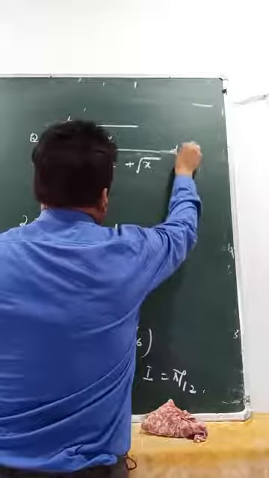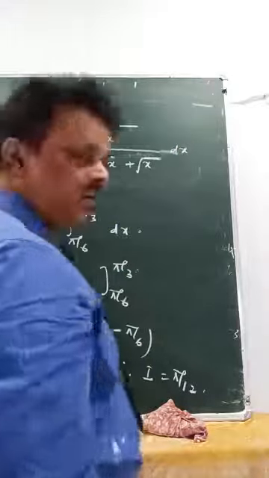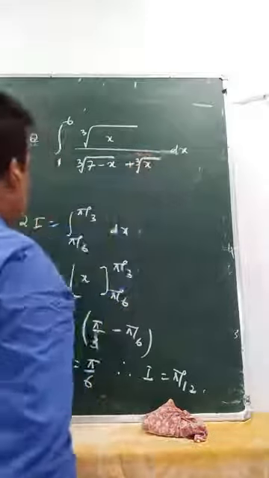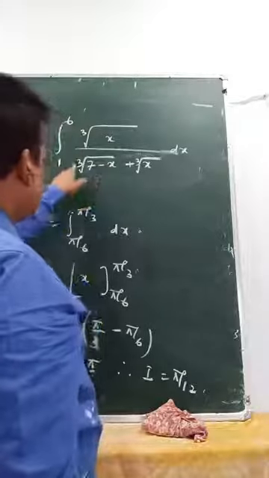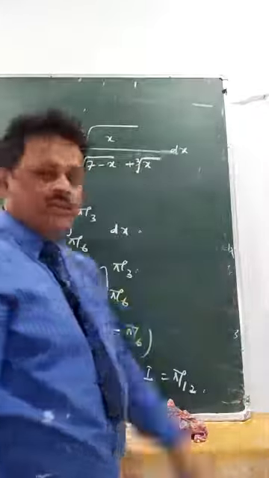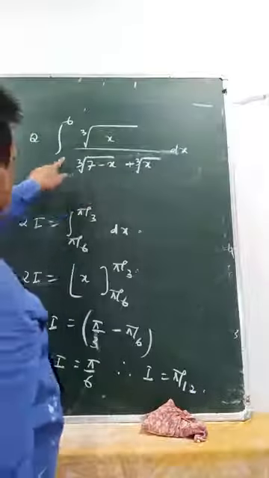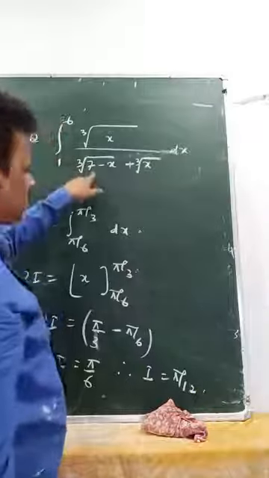Look, how to know? This is cube root. Cube root of x by cube root of 7 minus x plus cube root of x. The question can be changed like this. So you can see here, if you are adding these two, you are getting 7.